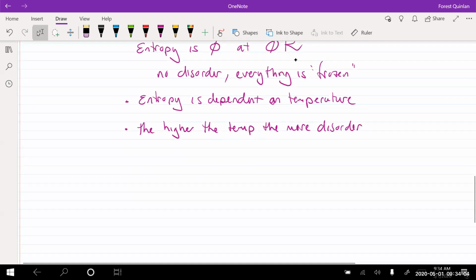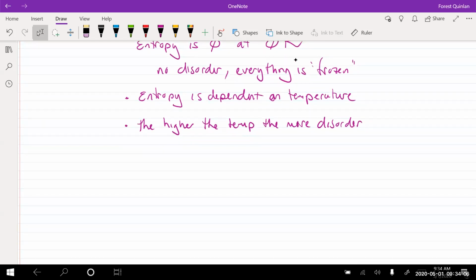Entropy is absolute. When we look at a difference between two conditions, it's just a delta S. So when we compare entropies, we are comparing against each other.